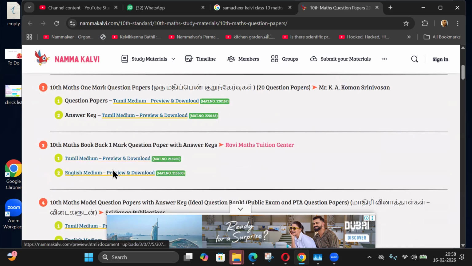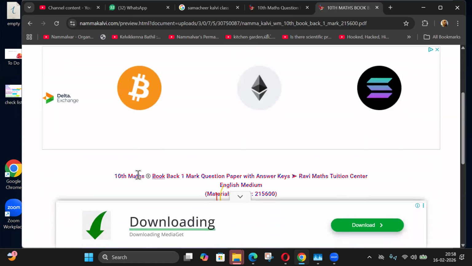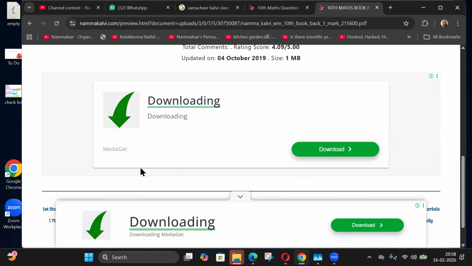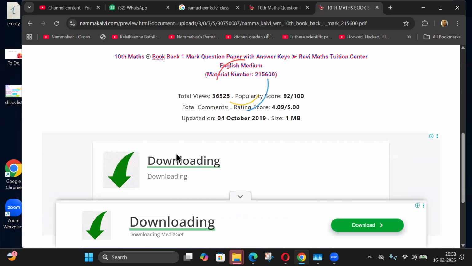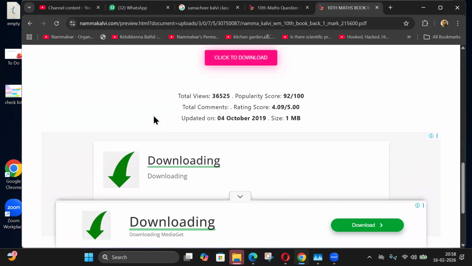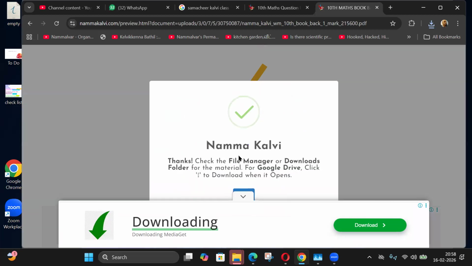Tamil medium, 1 mark question paper, 1 mark questions with the answer keys. Have you seen these things?